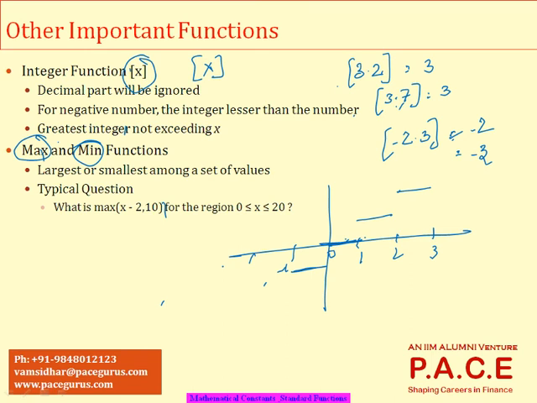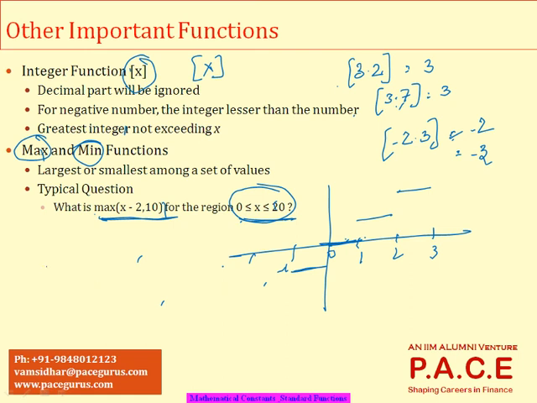It's straightforward. Let's say I'm asking what is the maximum of x minus 2 comma 10 in the region 0 less than or equal to x less than or equal to 20, which also means x lies between 0 and 20.